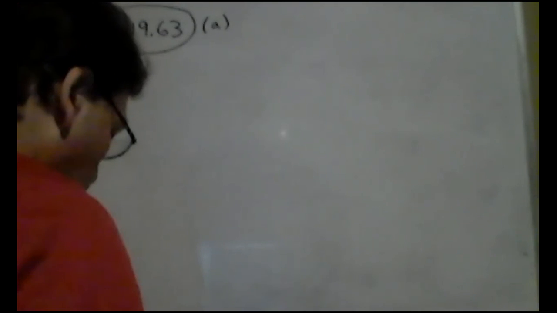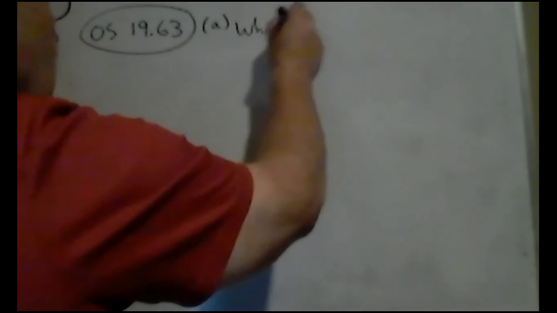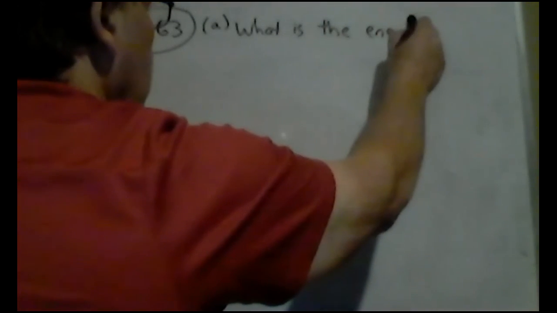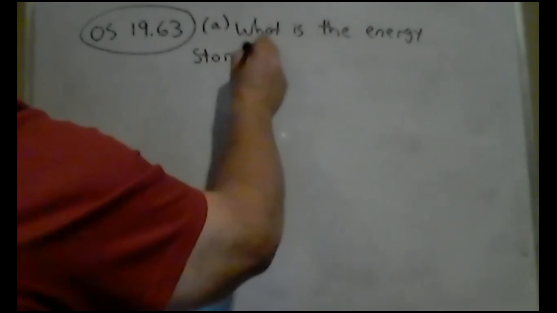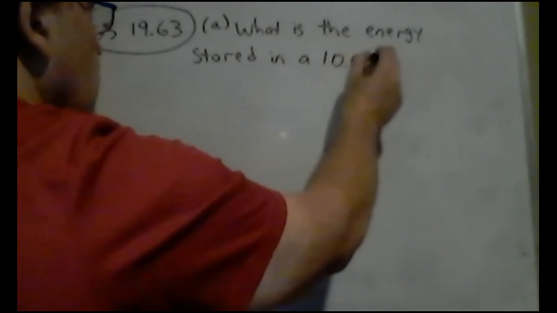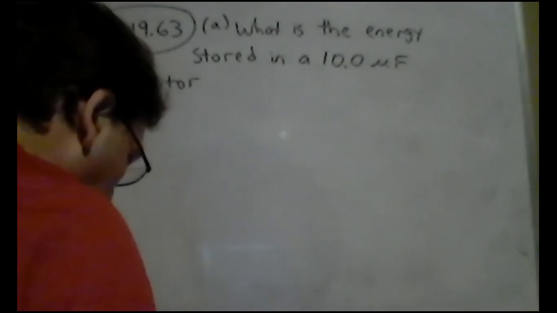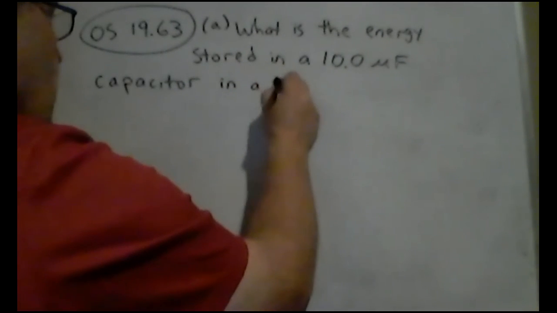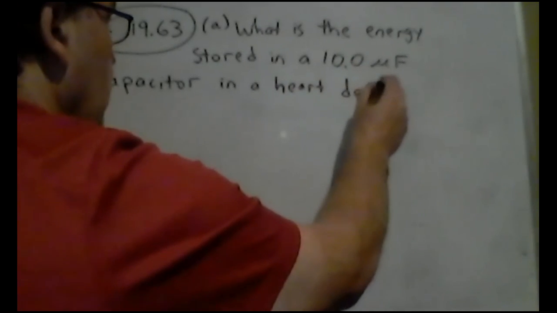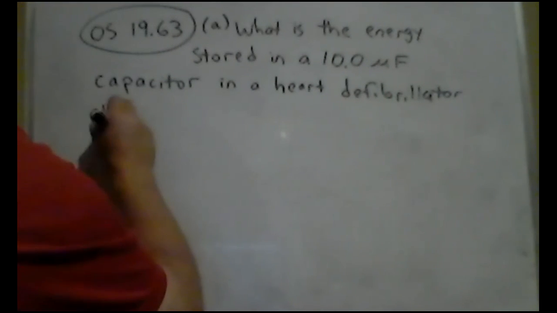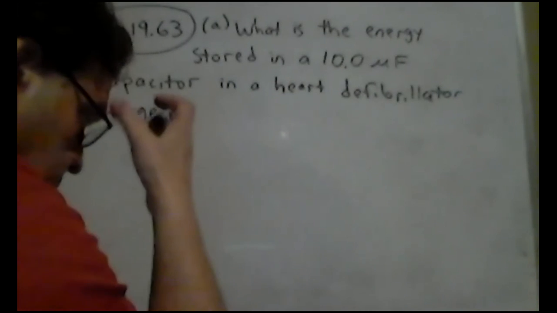That says A, what is the energy stored in a 10.0 microfarad capacitor in a heart defibrillator charged to 9.00 times 10 to the third volts?